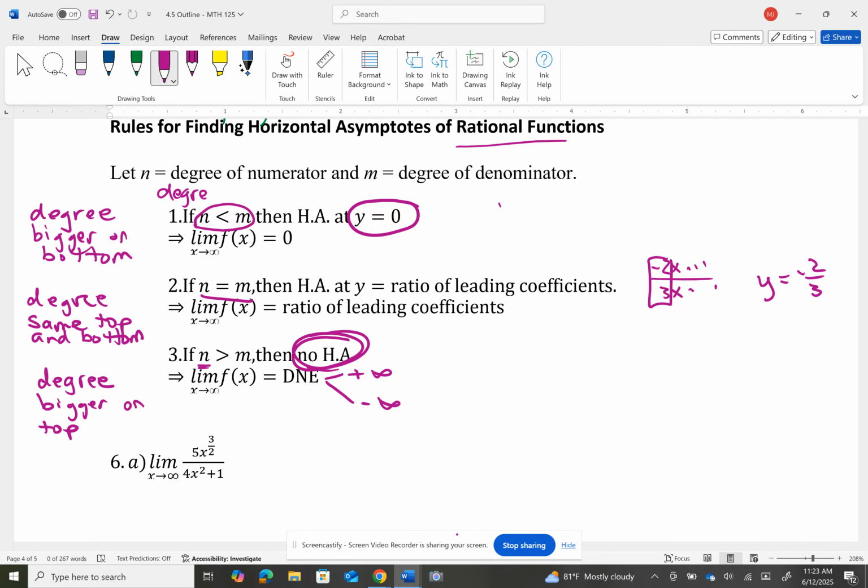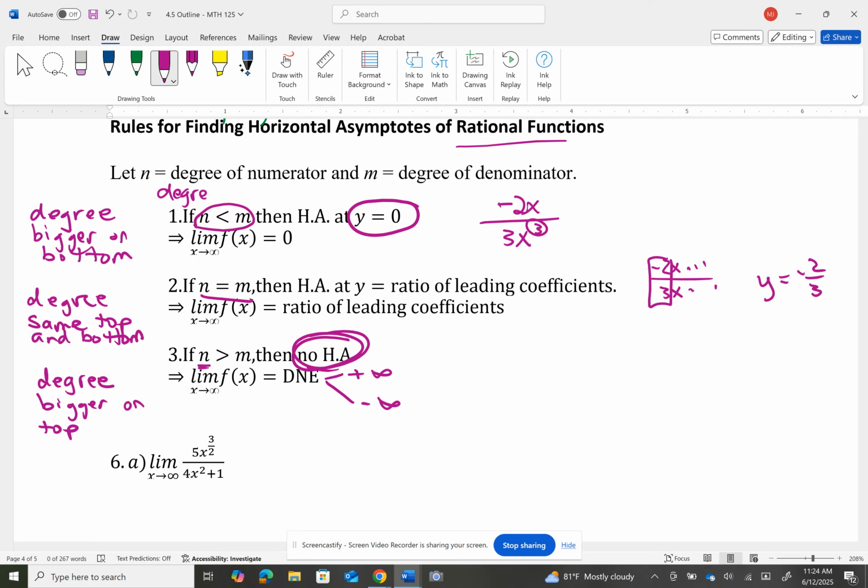That's going to happen if the degree was bigger on the bottom, so the bottom grew more rapidly, got bigger more rapidly than the numerator. So that's the case if you had something like a negative 2x for the leading term on top and a 3x to the third on the bottom. The degree bigger on the bottom means the function on the bottom is growing more rapidly than the numerator. So that is going to wind up having a horizontal asymptote at y equals 0.